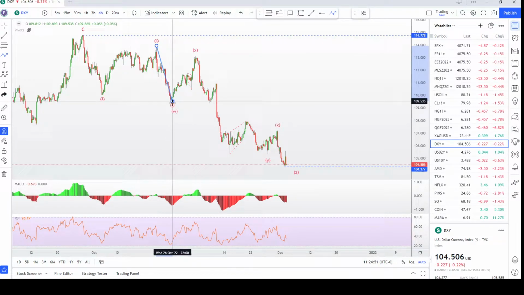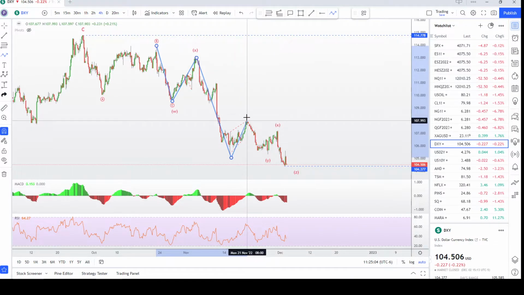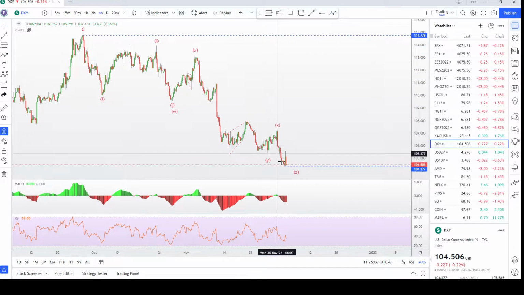And so it's just a matter of, is it the ending diagonal for this ABC, or is this a leading diagonal, and it was a 1, this is 2, this is 3, this is 4, and then we're putting in what looks to be an ending diagonal. So in either count, it still needs more down. So it really doesn't matter a whole lot, and we'll know when we get down and break this low what is happening.